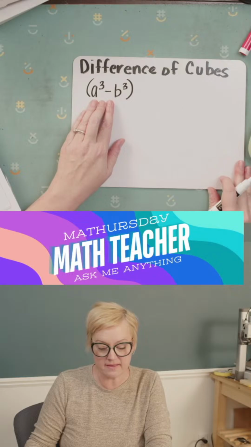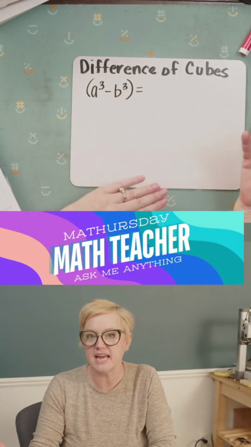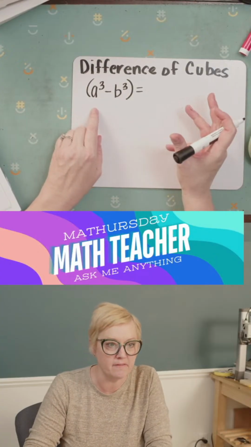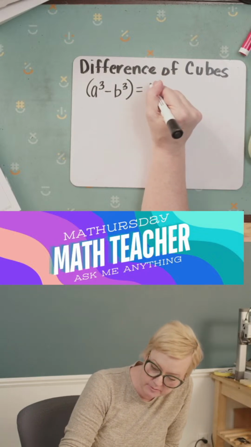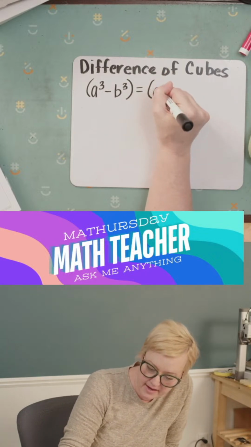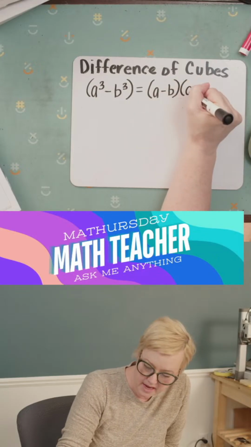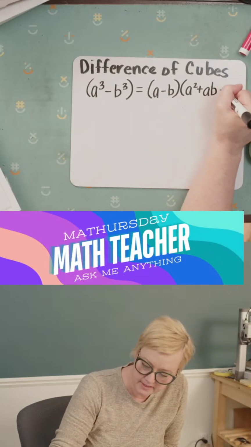Still the same idea, so we still break them down into A and B. The cube root of my first term is going to be my first one. So this becomes A minus B times A squared plus AB plus B squared.